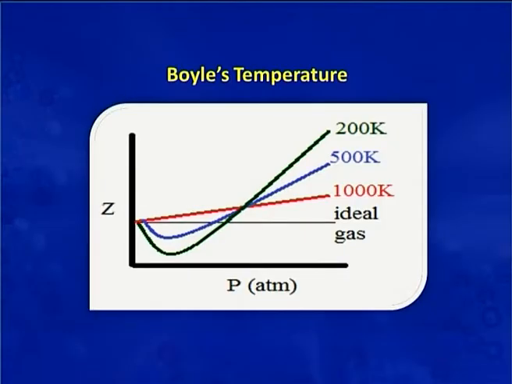Now, let us start a new topic, that is Boyle's temperature. As you have noticed, as the temperature is raised, the dip in the curve decreases. This is the graph for 200 Kelvin. As the temperature increases, here at 500 Kelvin, the dip decreases and the position of the minimum moves to the left.